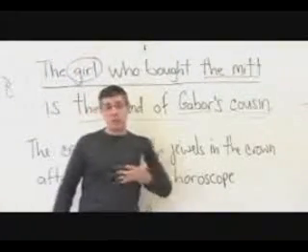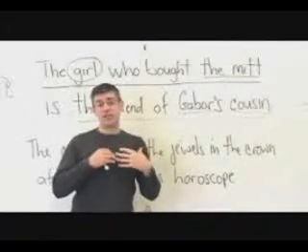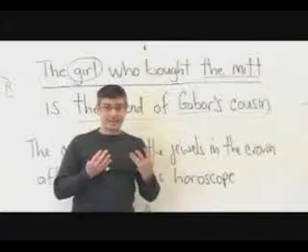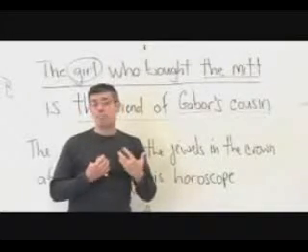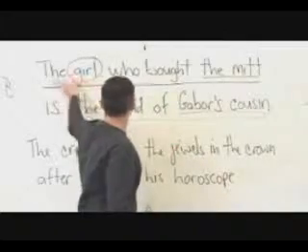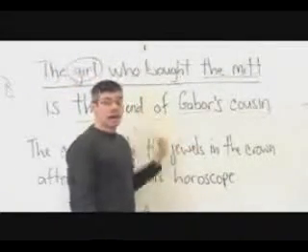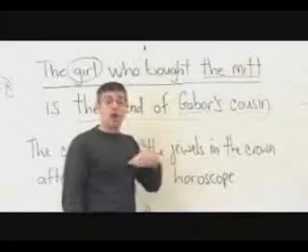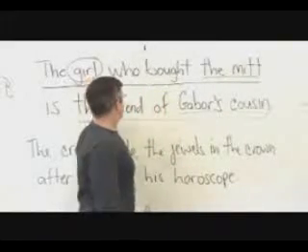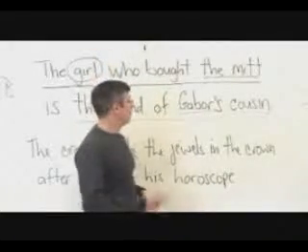And one way to define a noun phrase is that it consists of a head noun and everything that modifies that head. So the is an adjective, the definite article, and it modifies girl. Which girl? The girl. Which girl? The girl who bought the mitt. Again, that modifies girl.